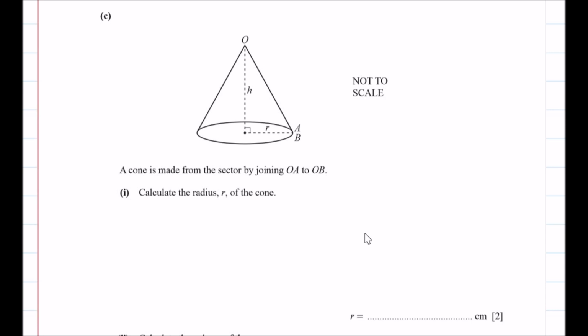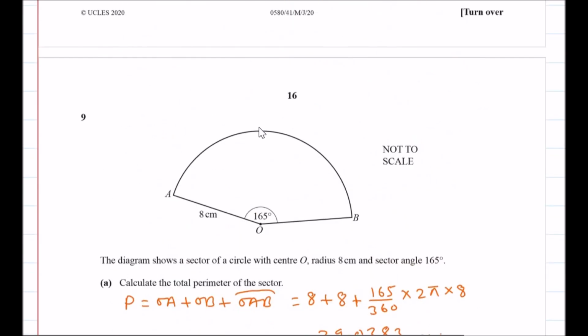See, whenever you have this kind of question, a sector is being converted into a cone. What happens? That arc length of the sector, what I mean to say is, it's here. Look at this.